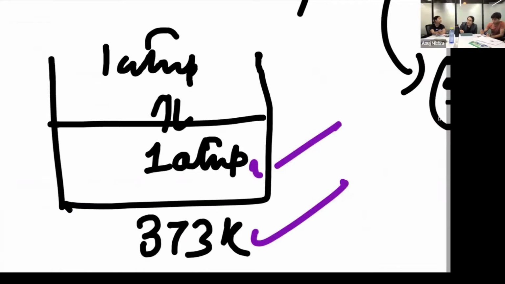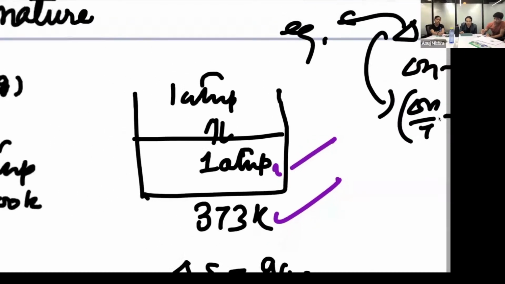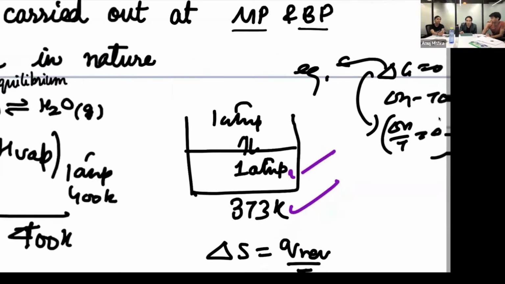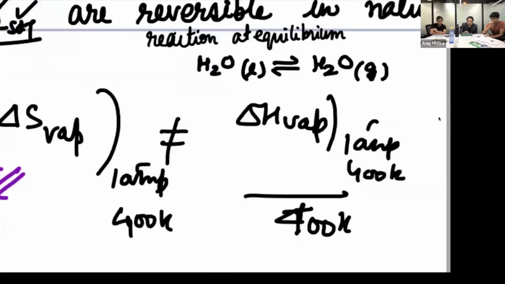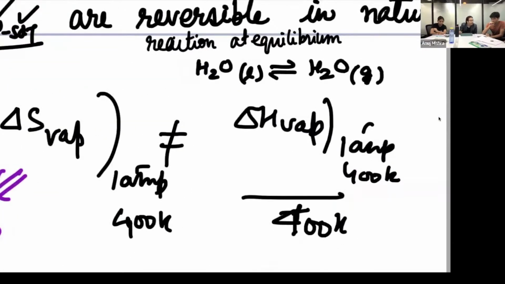Basically, delta H of water liquid to water gas upon 373 is equal to delta S. But is it applicable at 1 atmosphere and some other temperature? No. So write down: if you use this formula, delta S is delta H upon T at 400 Kelvin, it won't work, because that's not delta G equal to 0.